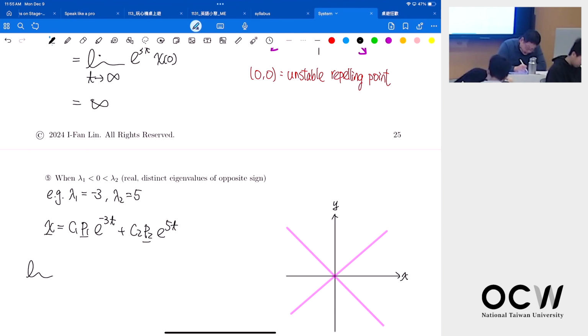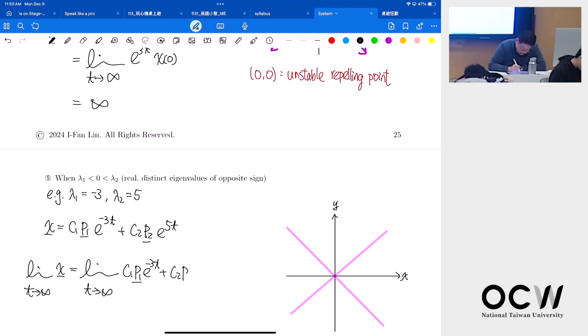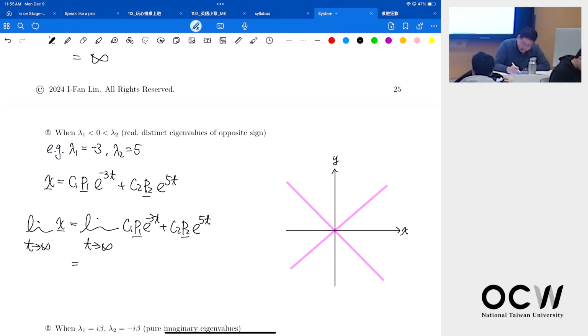When I let t go to infinity, the C1 P1 e to the minus 3t part goes to 0. But the second part for C2, because it's 5t, will go to infinity.